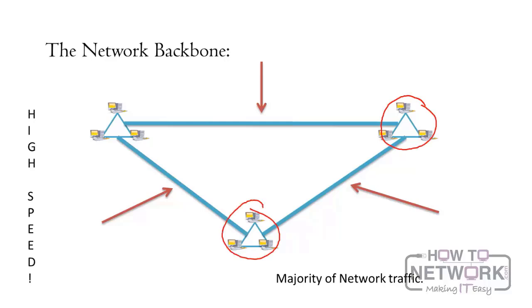That's why it's called the backbone. And it needs to be large, fast, and capable of communicating at very high speeds because all of these computers, all these smaller networks, are communicating. We'll talk about how that all works in a bit.